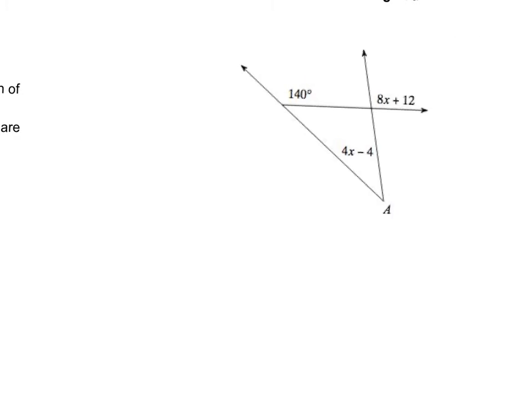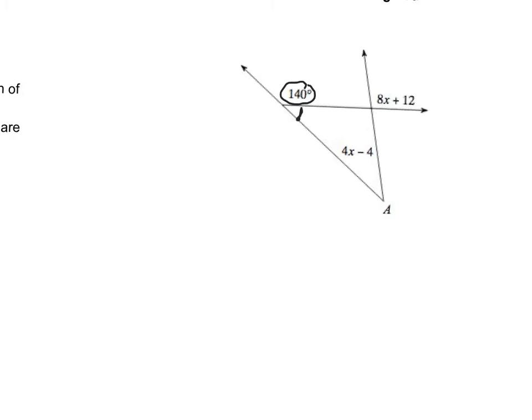The last two examples are a little more complex than the ones we have seen before, but it's okay. We still have to remember that the sum of the interior angles of a triangle is 180 degrees. Let's look at this exterior angle here, 140. We want to find this angle.